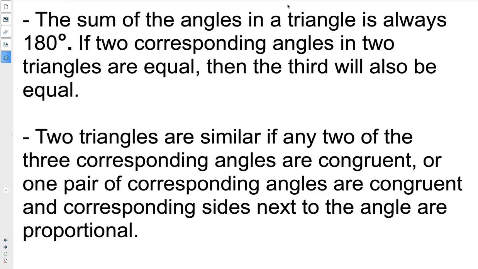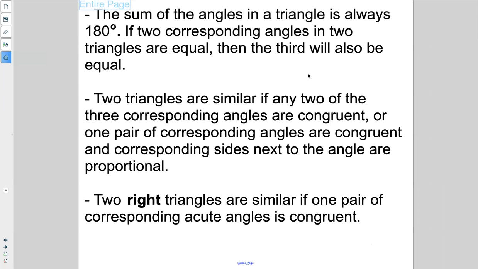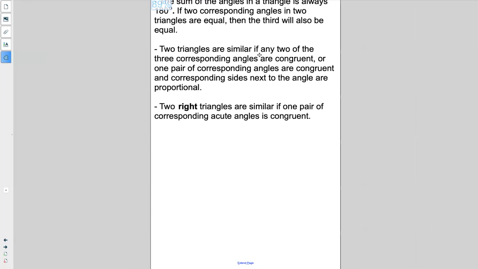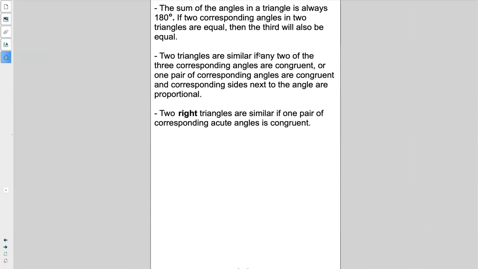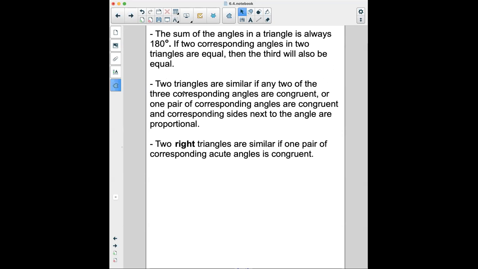The sum of the angles in a triangle is always 180 degrees. If two corresponding angles in two triangles are equal, then the third will also be equal. I'm just going to show you an image of what I mean here.